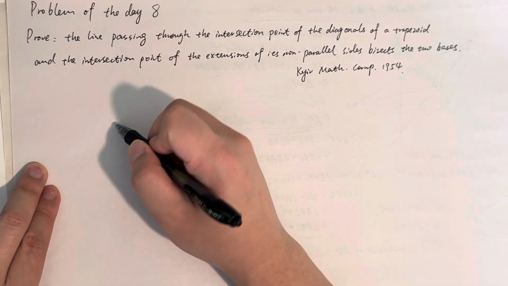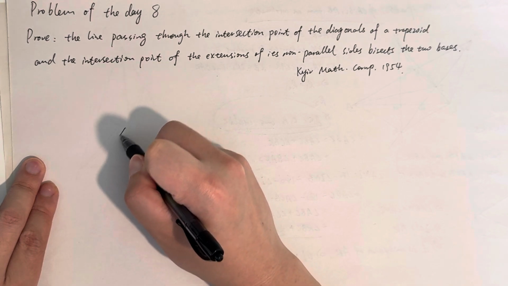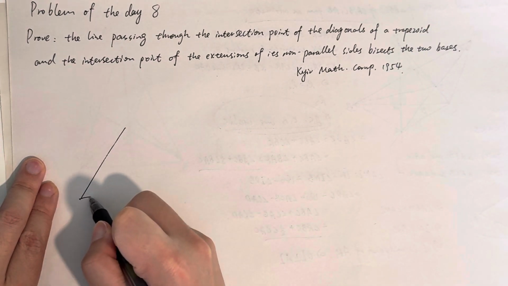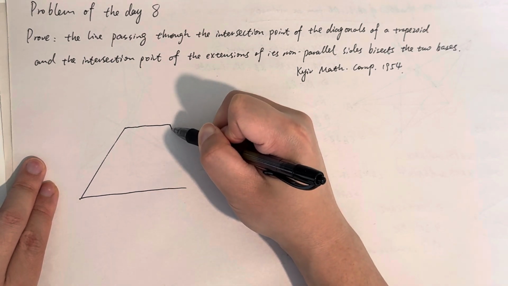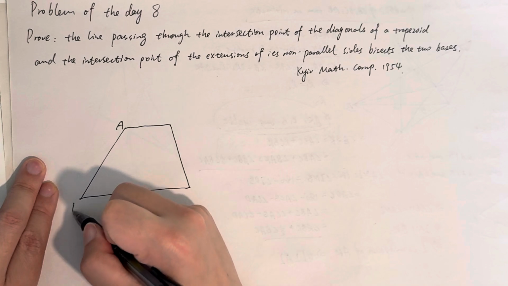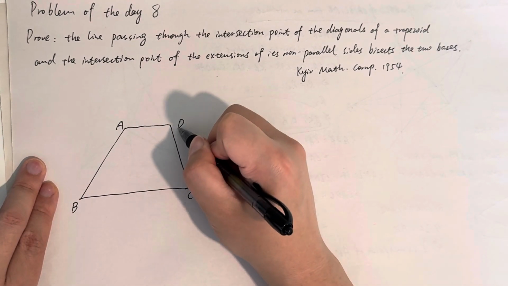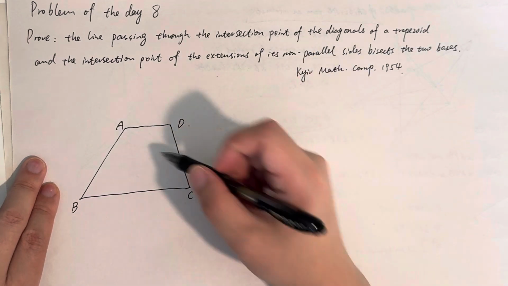So basically, it's saying that if we have a trapezoid, let's draw it. For example, this is our trapezoid. We call it A, B, C, D. And we want to find the intersection point of the diagonals.